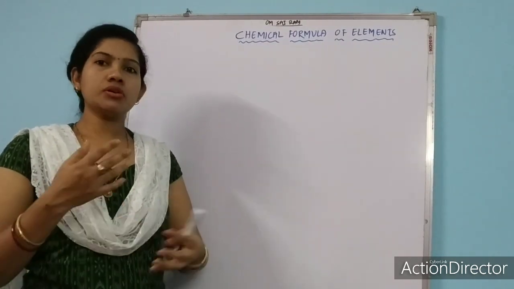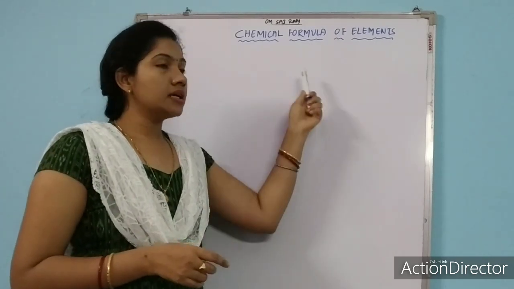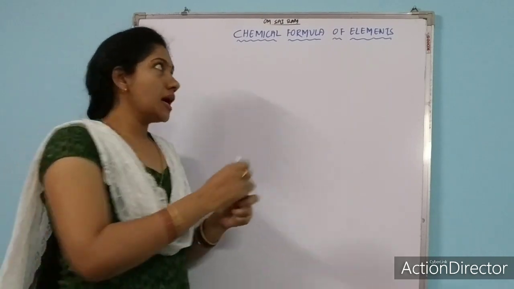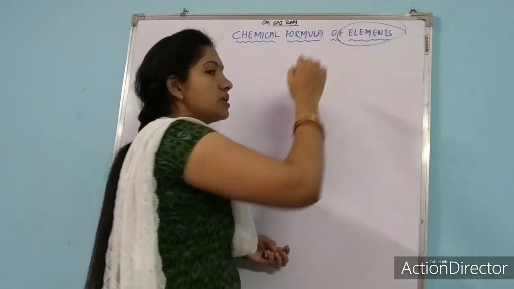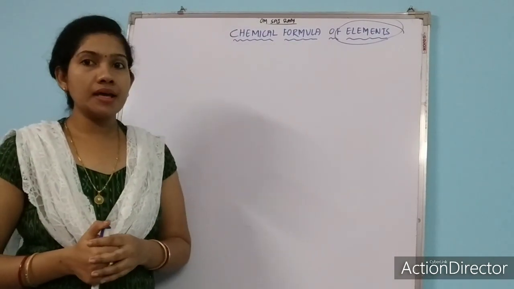Whenever we are talking about the chemical formula, actually we are talking about the atoms present in an element. Before going to that, let me give you a recap of the element. What do you mean by an element?